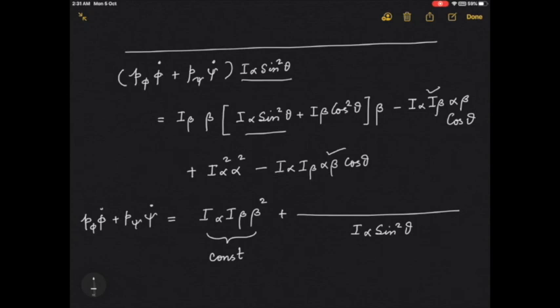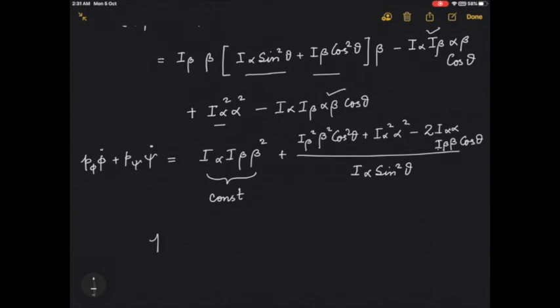Now what is this something? So let us have a look. This something has this term, which is I beta square cos square theta. This term, which is I alpha square, and combining the rest two terms is 2 I alpha into I beta cos theta.